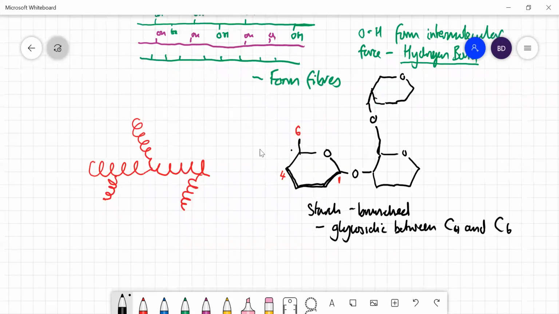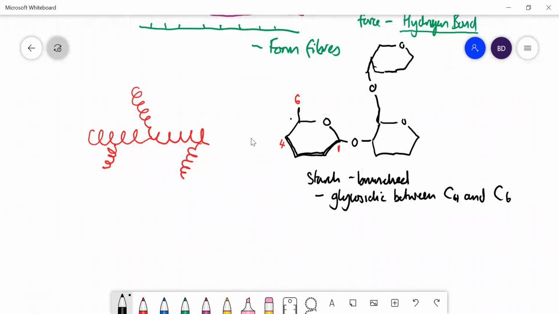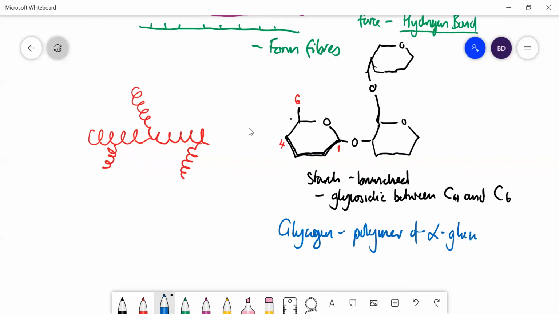And then just talk about glycogen. Glycogen is also a polymer of glucose. It's a polymer of alpha glucose. And it's found in animals. It's very similar to starch.